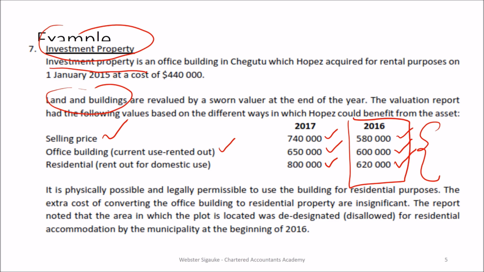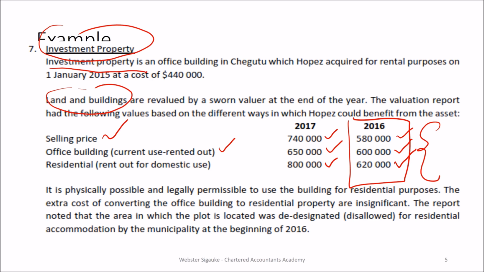But before we pick residential as the manner which we're going to derive our fair value, we need to consider those three conditions. Number one, are we legally permitted to use this building for residential purposes, for domestic residential purposes?